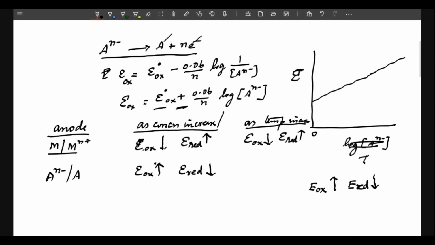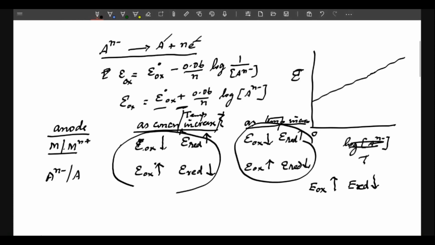Therefore, whether concentration increases or temperature increases, for the metal electrode as the anode, oxidation decreases and the reduction value increases. And for the non-metals, the oxidation value increases and the E of reduction value decreases. This and this remains the same. Therefore, I have placed it as concentration or temperature increases.